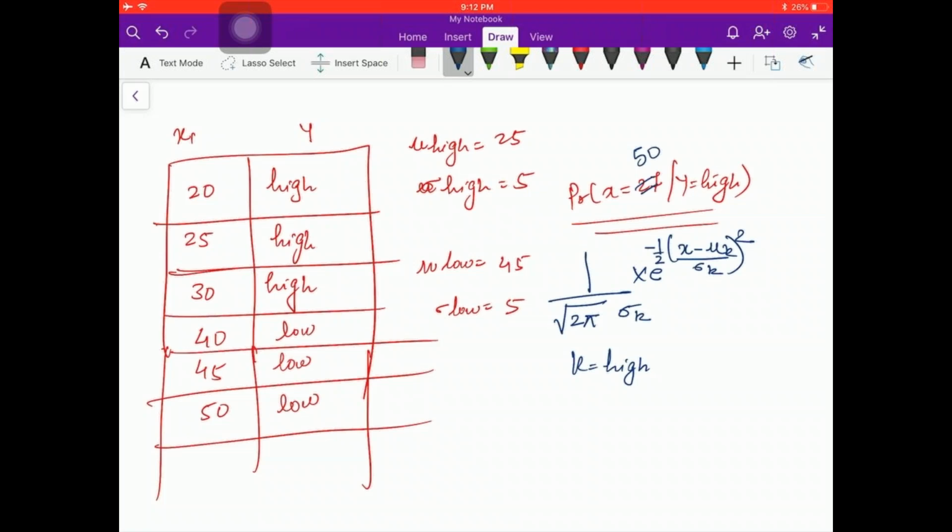So it is coming e to the power minus 6.3. I don't have a scientific calculator.